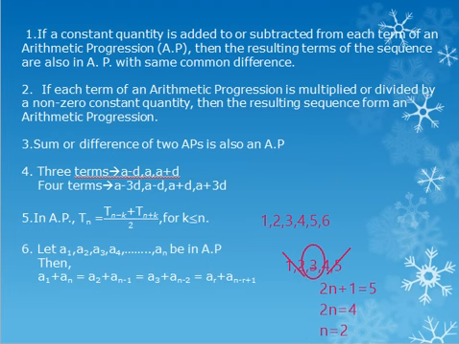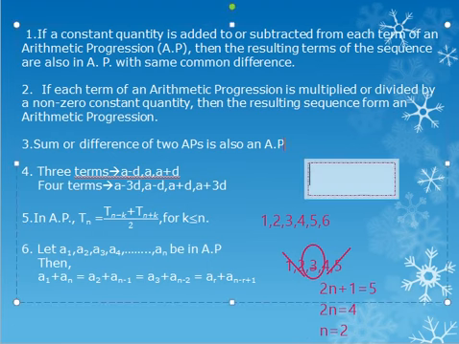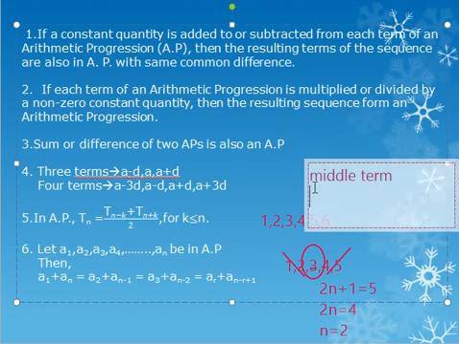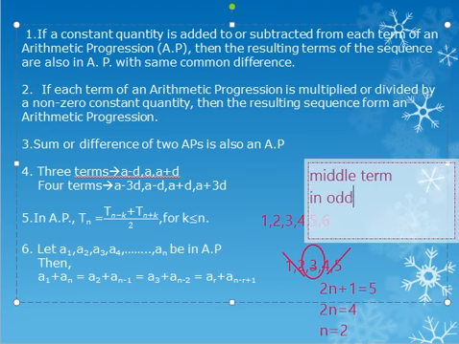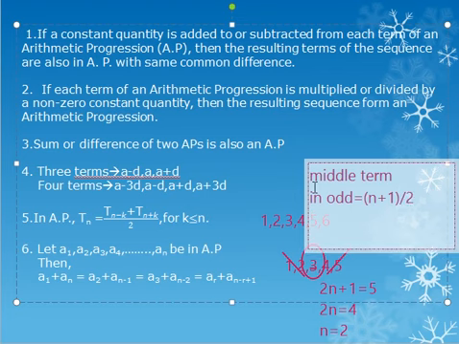So the middle term in odd equals the (n plus 1) divided by 2th term.